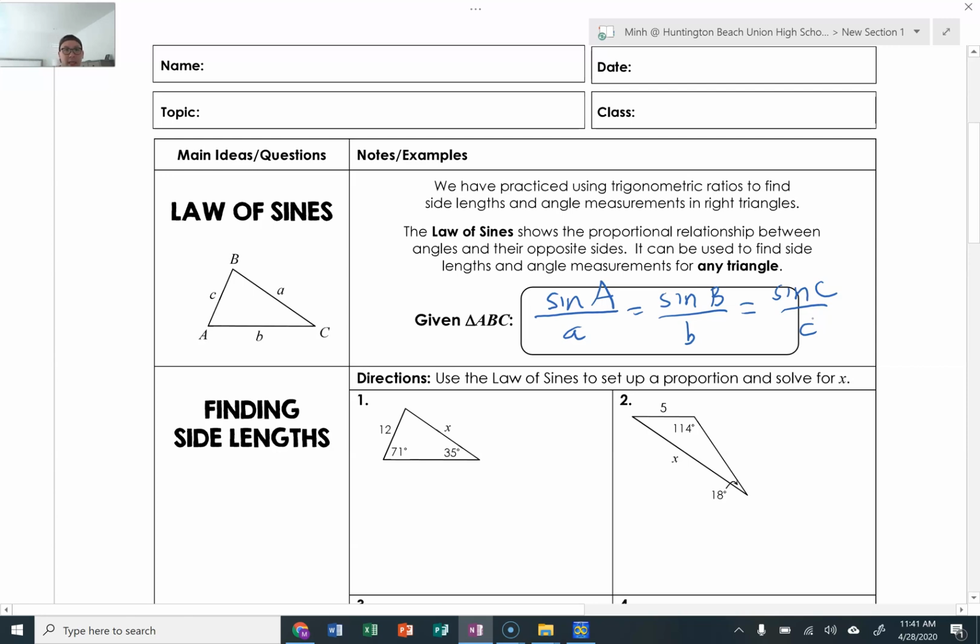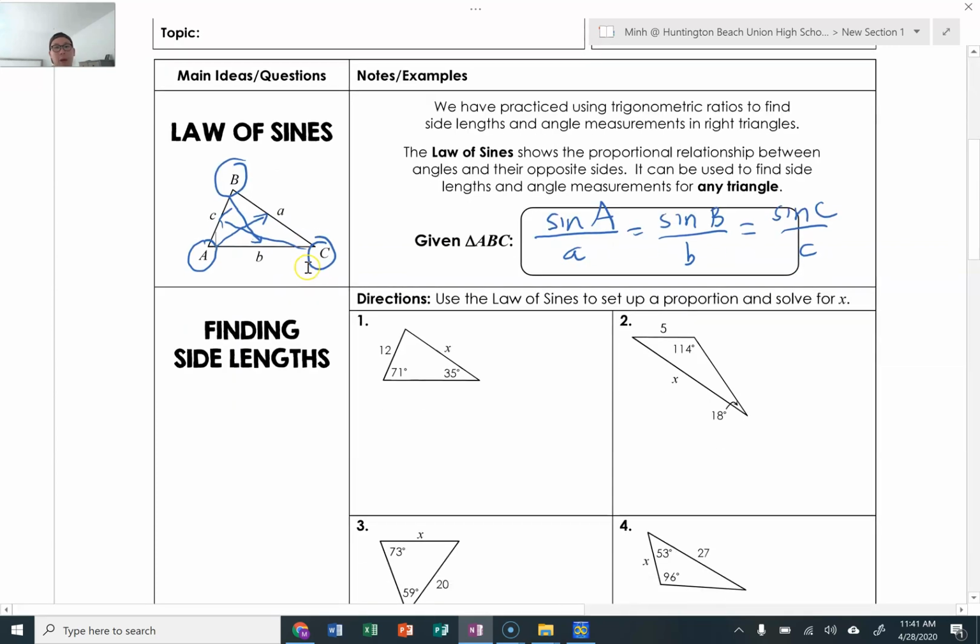What I mean is, if you're going to take the sine of A, you're going to put it over the side that's opposite of it. If you're going to take the sine of B, you're going to go ahead and put it over the side across from it. And last is sine of C, you're going to put the side across from it. You're not going to use all three. You're going to use two of the three to set it equal to each other. Right? And I'll show you what I mean with problem number one.